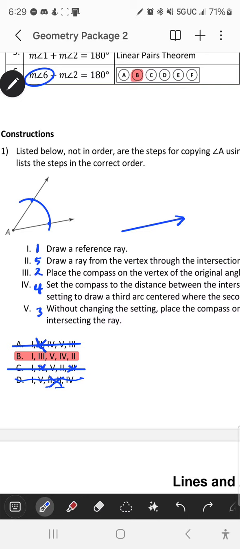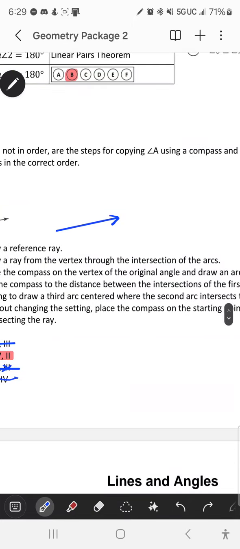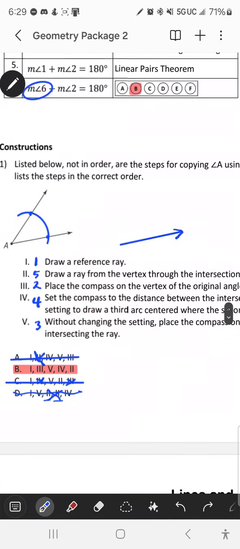Oh, wait, no, never mind, my bad. Step 3, that's 4, I'm sorry. Step 3 says that using the same distance we used to draw this arc, we're going to draw the same arc here. This is supposed to be the same arc. Remember, I don't have a compass, so it's not going to look exactly the same.